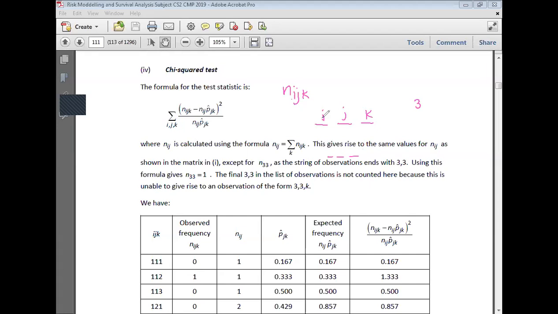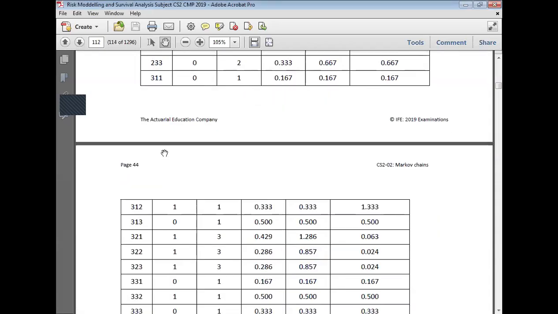The number of i's you can have can be 1, 2, or 3. So 3 times 3 times 3 gives you 27. So there exist 27 combinations that you can ever have for i, j, and k. What you will do is list down all of those combinations here.